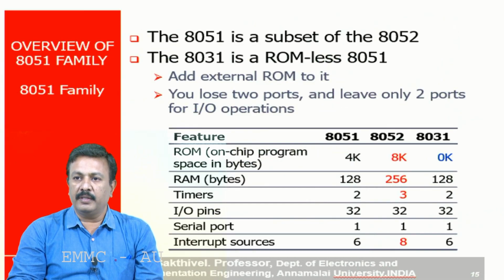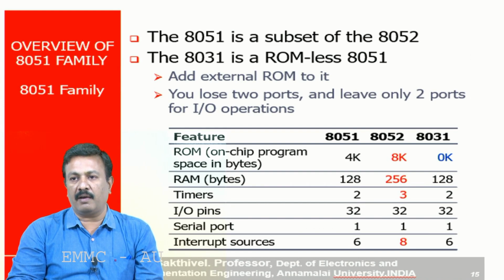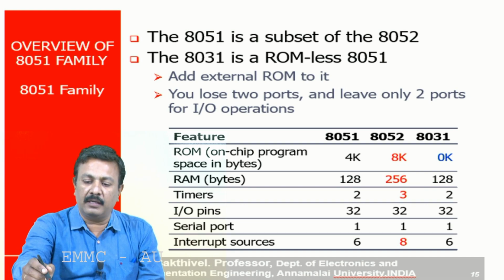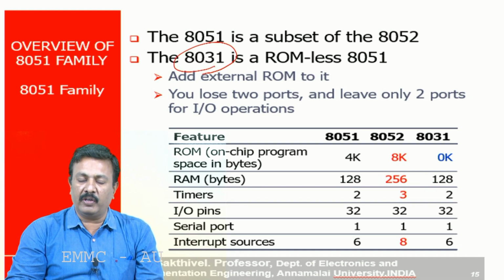Now the 8051 family. Next one, this is the 8051 microcontroller. In the 8051 family, two more members are available: the 8052 and 8031 are subsets of the 8051 microcontroller. The 8031 is similar to the 8051, but it is the ROM-less version of 8051.